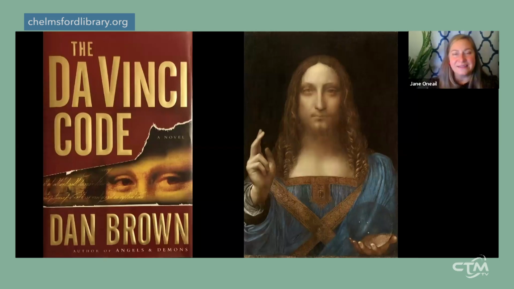And that is especially true for the image on the right side of the screen. This is a painting purported to be by Leonardo or his students. Many hands have altered the image over time, apparently. It's called Salvator Mundi, or Savior of the World. You can see Jesus giving a benediction, or a blessing, and he's holding a glass sphere in his hand as a representation of the world.